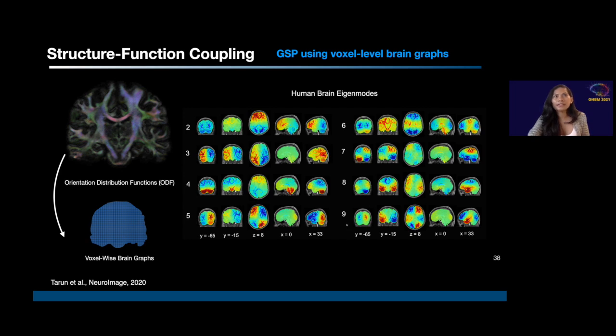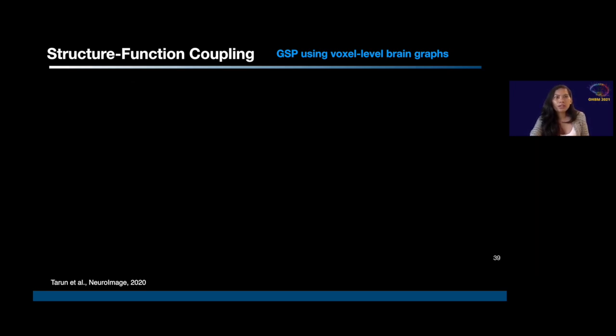And what we find is that the first few eigenvectors describe the head shape. You can see the posterior and anterior, and the left and the right. But as you increase the eigenvalue, the associated eigenvectors describe more spatially varying patterns. And using this voxel-wise brain graph, we were able to interpolate signals in the white matter.